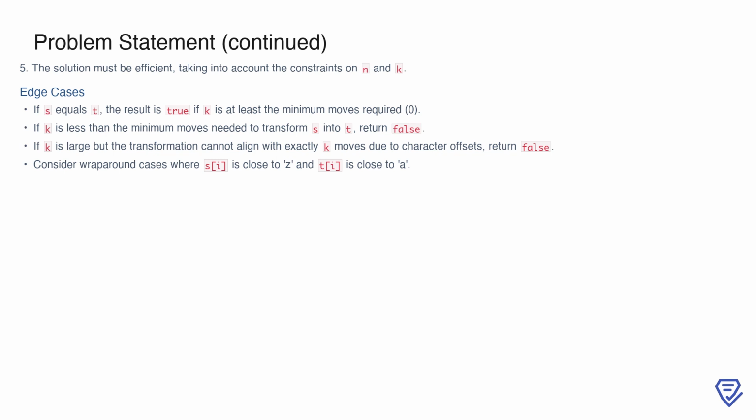Edge cases to keep in mind include scenarios like when s equals t, in which case the result is true if k is at least 0, and when k is less than the minimum moves needed to transform s into t, where the result is false. Additionally, we must handle wraparound cases where a character near z in s needs to become a character near a in t. These considerations ensure that the solution is robust and handles all possible inputs within the constraints provided.